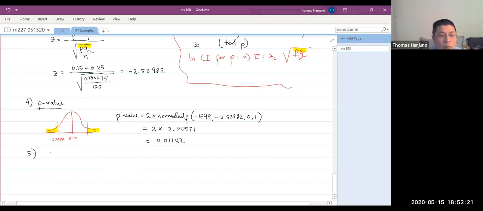So informal conclusion. You tell me, do I reject the null hypothesis or fail to reject the null hypothesis? Okay, nobody say anything. Well, the p-value is less than 5%, which is the alpha, so we will reject the null hypothesis.